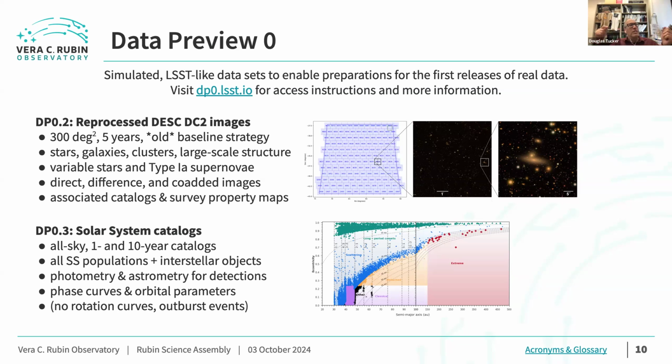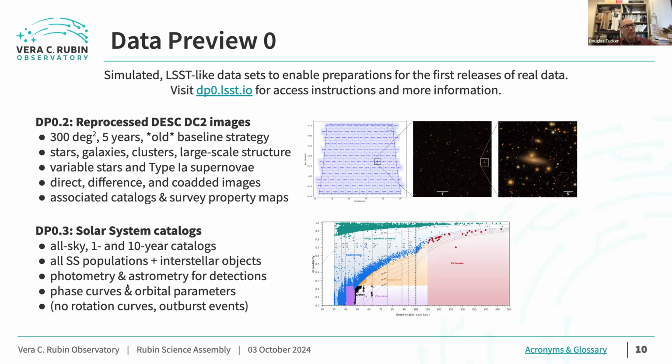It contains all the standard solar system populations. It also includes 4 interstellar objects for you to hunt down and search for. You're looking for an interstellar spacecraft that's heading into our solar system, or an interstellar asteroid.